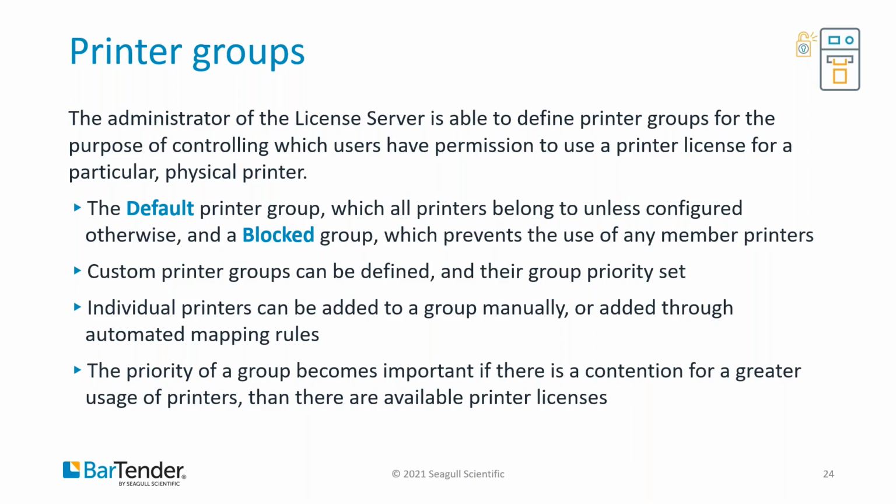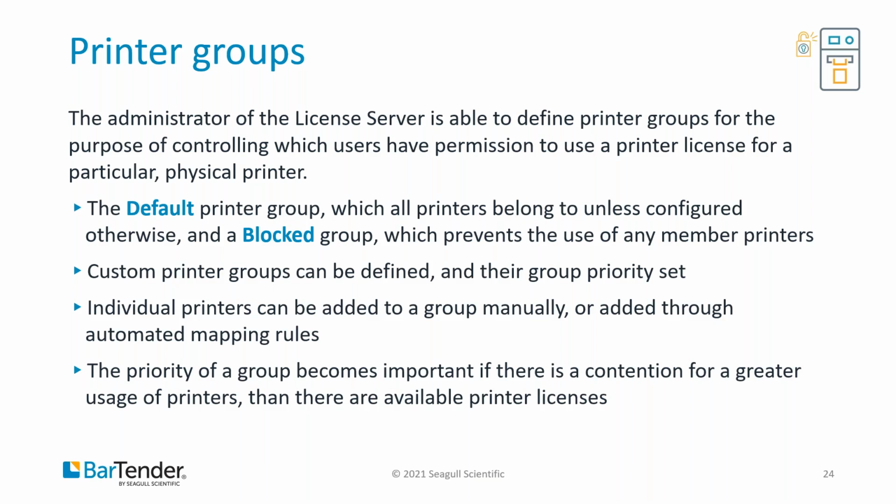Also, in a printer group, you can set a priority for the group. So it could be a high priority, medium, low priority. And this priority takes effect when we come to some of the redundancy options. And we'll look at this in some later slides.